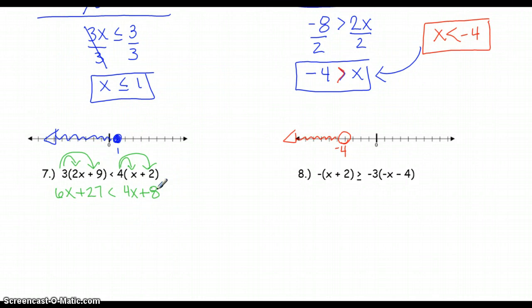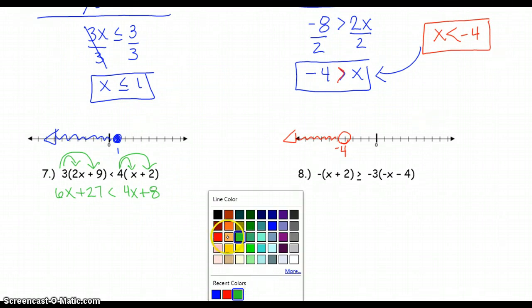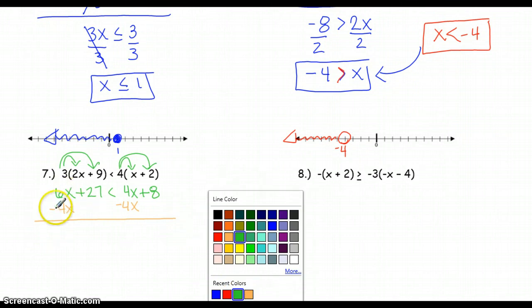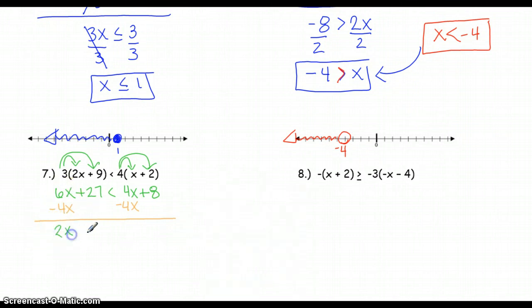Now we're going to go ahead and get our variables on the same side. So I'm going to go ahead and subtract 4x from both sides. And when we do that, 6x minus 4x is 2x, plus 27 is less than 8.